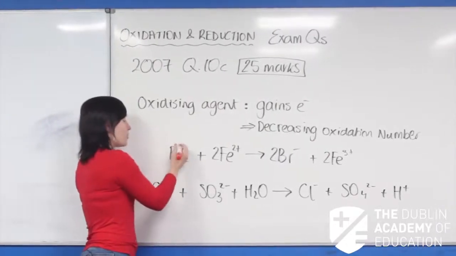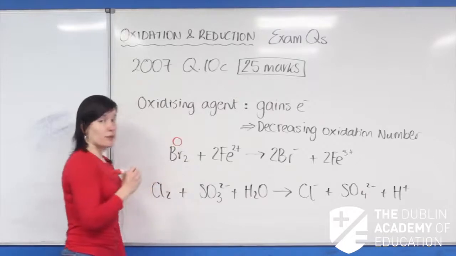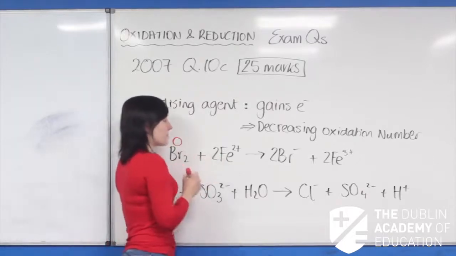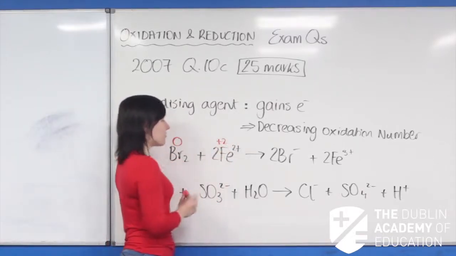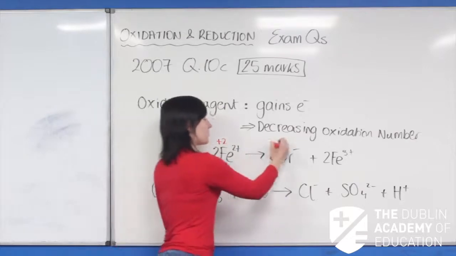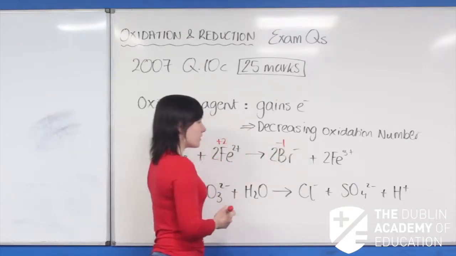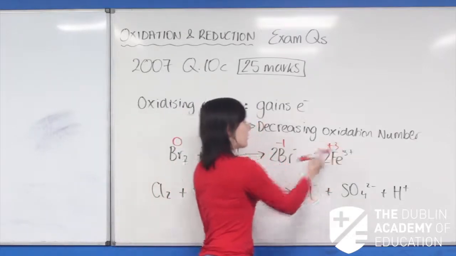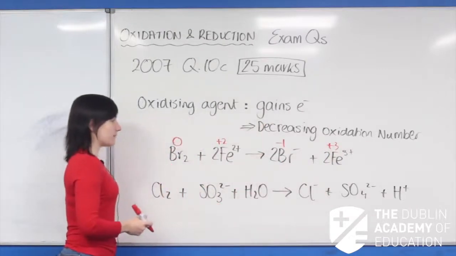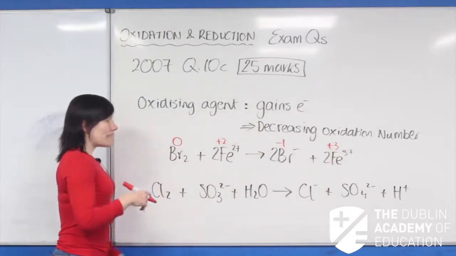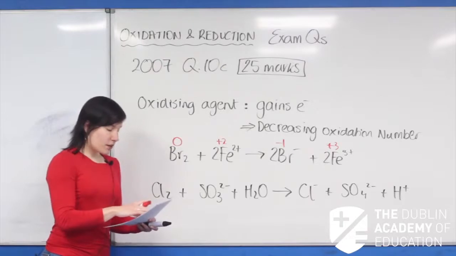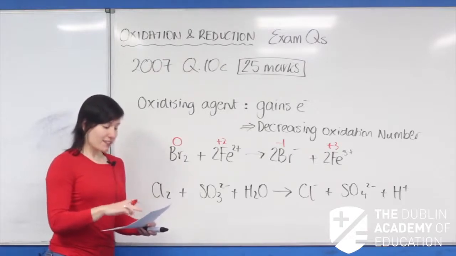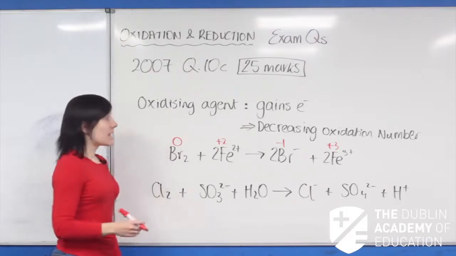So the bromine, Br2, is going to be 0, okay? This is a simple ion, so it's going to match the charge, plus 2. Minus 1 to match the charge here, and then plus 3 to match the charge in this case. Now, what we're being asked to do here is to show clearly that the halogen is the oxidizing agent.